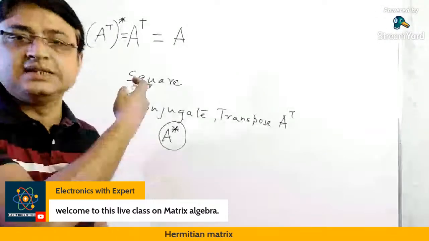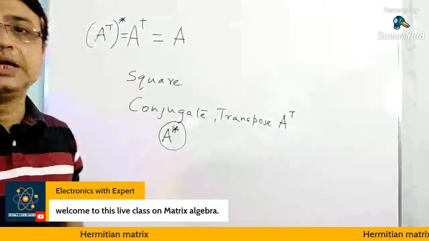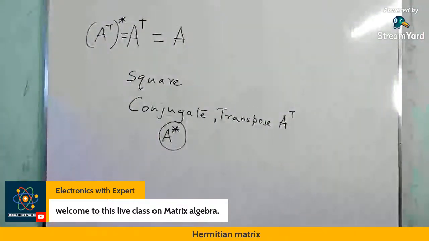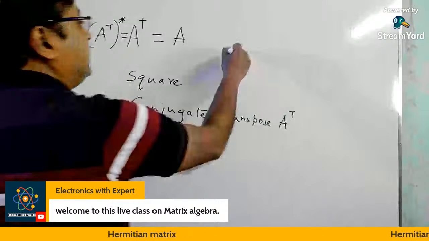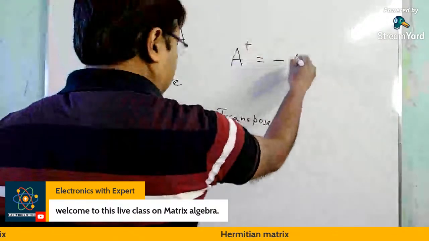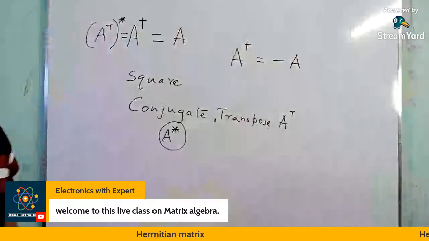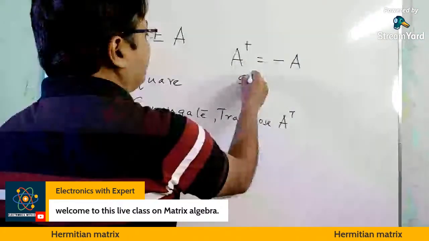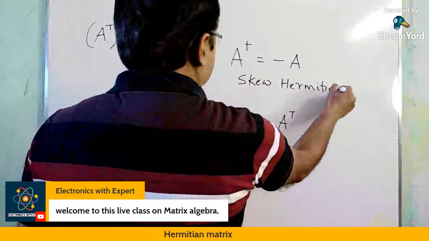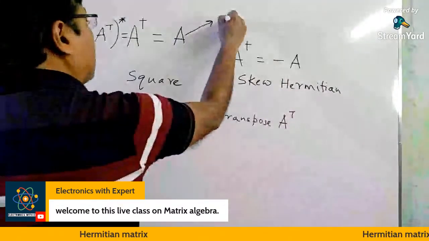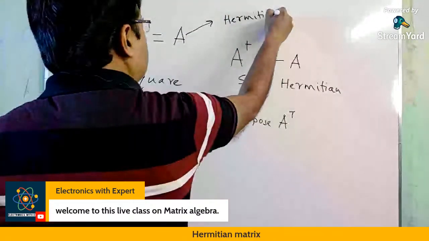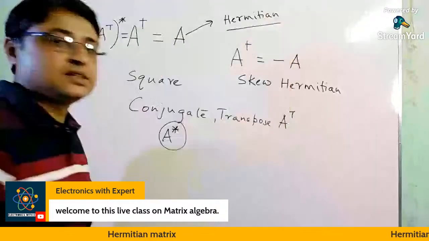So this is the definition of a Hermitian matrix in which A equals A dagger, and for a skew Hermitian matrix it can be written as A dagger equals minus A. Those matrices are known as the skew Hermitian matrices. So this is the definition for Hermitian matrix, and this is for the skew Hermitian matrix.